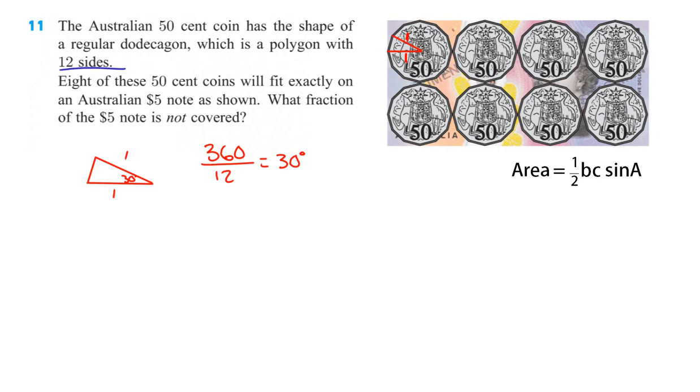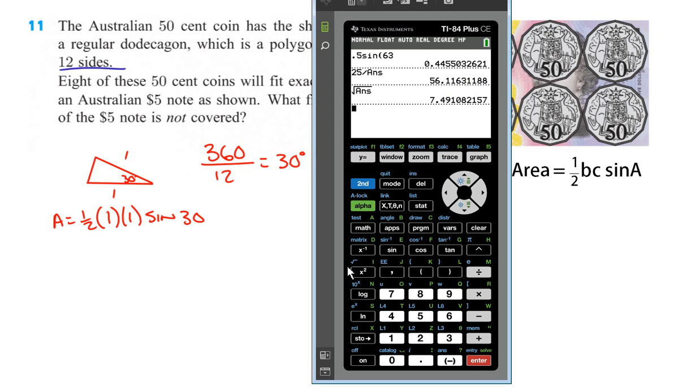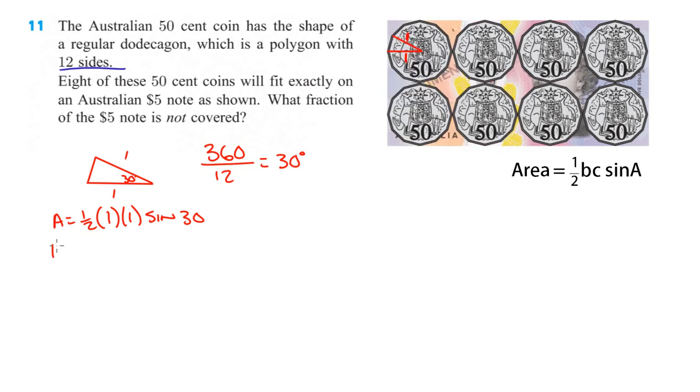So the area of one of these is going to be 1/2 of b times c times sine of 30, which is 1 times 1 times sine of 30. The 1 times 1 isn't going to do anything, so it's really just 0.5 times sine 30, and that gives us the area, 0.25, of one of the 12, right?